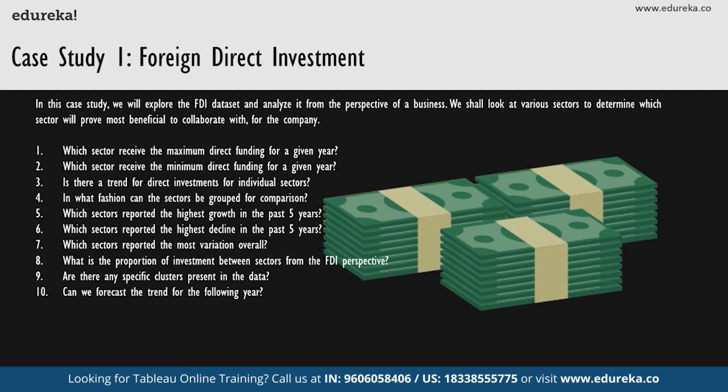We're also going to find out if there is any correlation between certain sectors from an FDI perspective, and are there specific clusters to present the data. And finally, we'll try to forecast the trend for the following year. With that said, let's move on to our Tableau start page and then connect to our data.